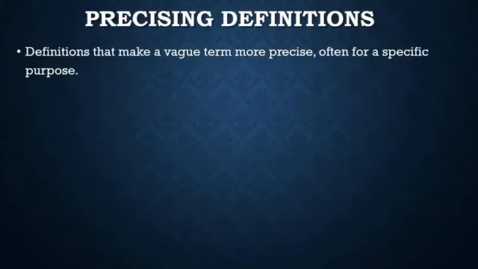Precising definitions are definitions that make a vague term more precise. So we talked about problems with vagueness in the earlier video on language, and this is often done for a specific purpose. Since we have a lot of terms in our language that are vague, we often need to clarify the parameters of those vague terms.